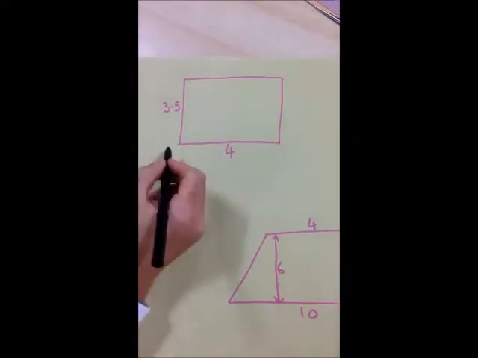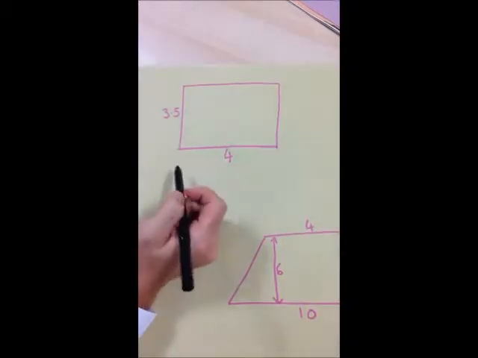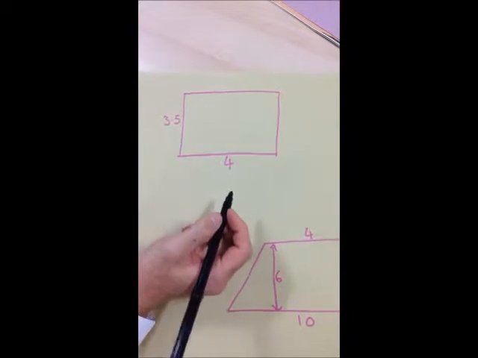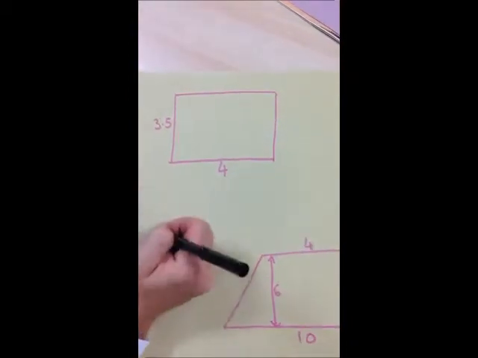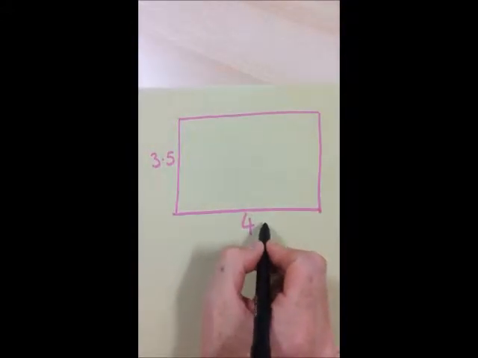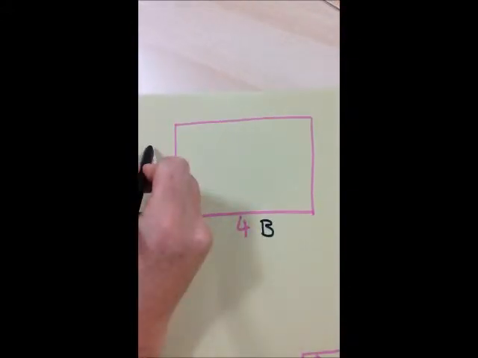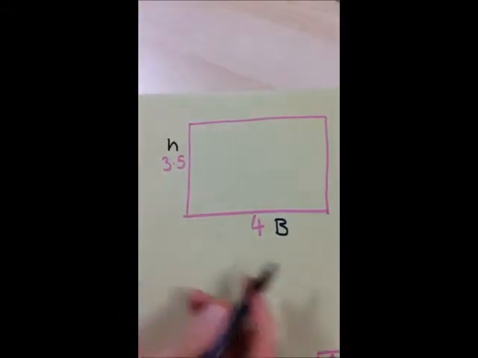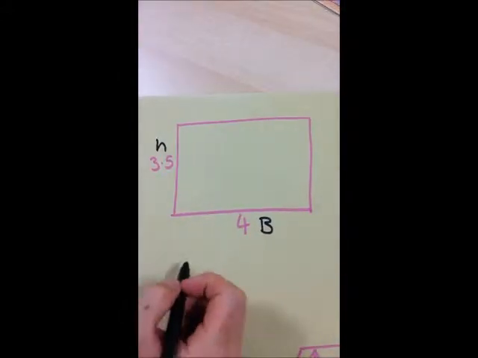So, a rectangle is the simplest of the 2D shapes that we need to be able to calculate the area for. The area of a rectangle is calculated by thinking about the base times by the height, sometimes referred to as the length and the width.